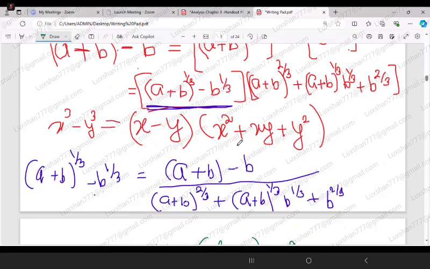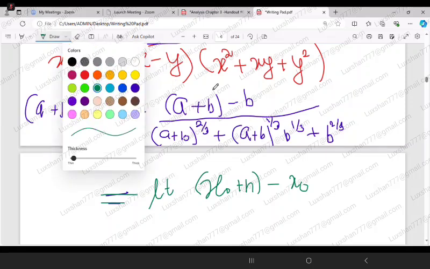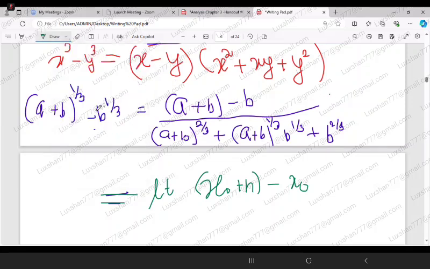So that is a, and this is also a, and b is here. This one is b. Anyway, that is the same. So just don't worry about that. The same thing I'm using here.